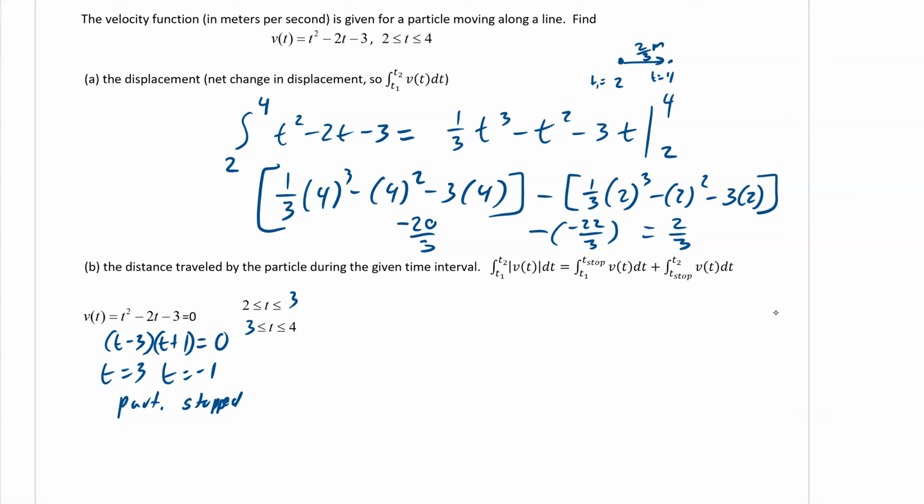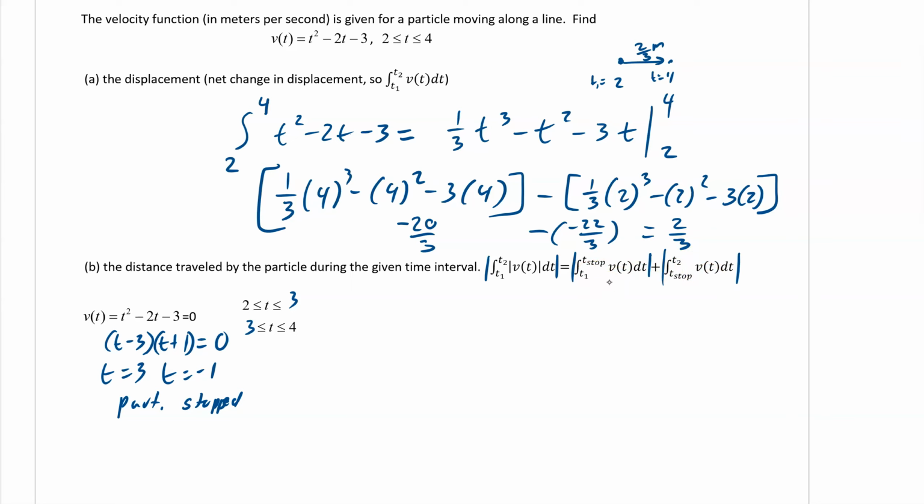It's 3. So what we have to do now is set up two integrals and then take the absolute values of them. And so this should really be an absolute value here and an absolute value on the outside. So what we're trying to do is find the total distance traveled from the first point to the second point, from 2 to 3, and then from 3 to 4, and then change them into positive distances so that we can add them together to get total distance.